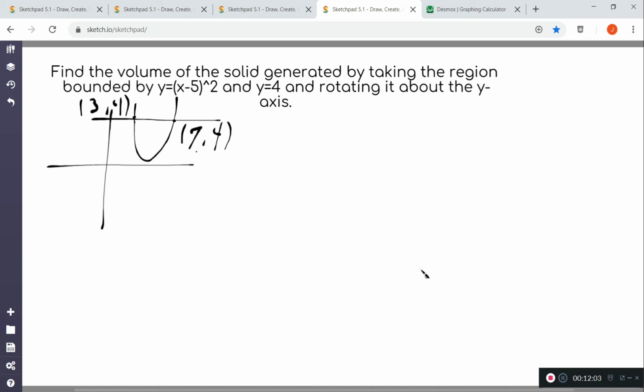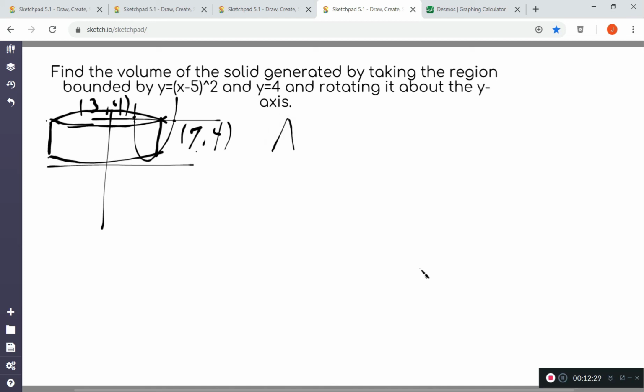So if I draw this right here as my height of my cylinder being moved around, and I think about, well, that's going to be all the way over here. It's going to be really far away. We have a pretty big cylinder to work with there.